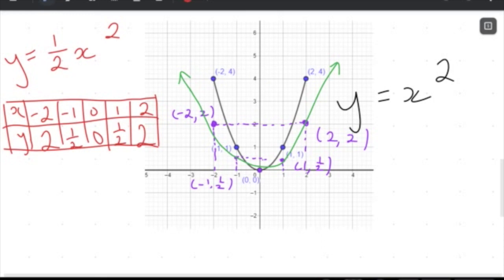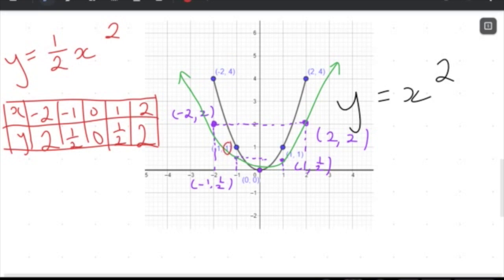When x equals -2, on my first parabola, y equals 4, and now here y equals 2. Now 2 is half of 4. That's pretty peculiar, but let's see if it happens all the way through.